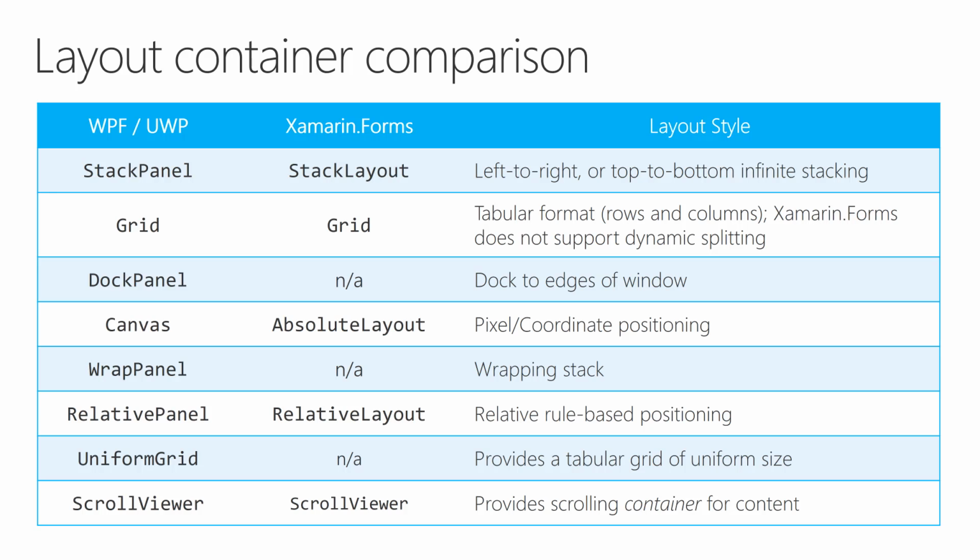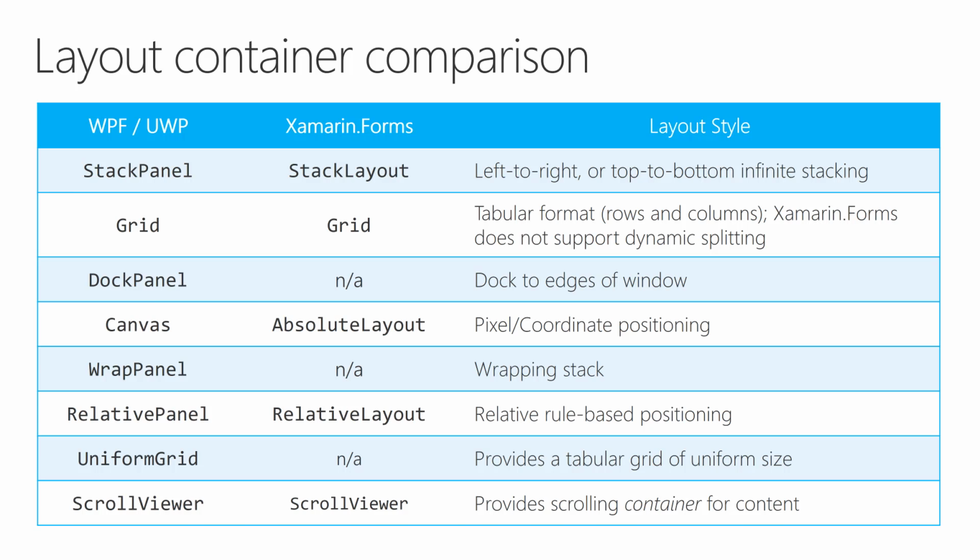In many cases, the panels work the same way. StackPanel and StackLayout, Grid, and Canvas all work the same across the platforms, although there are some subtle differences when you get into the details, particularly when you're not explicit about your layout properties, as the default behaviors tend to be a little different. The important thing here is that the layout behavior is very similar, so if you've used a StackPanel on UWP, then StackLayout in Xamarin.Forms will feel very natural to you.